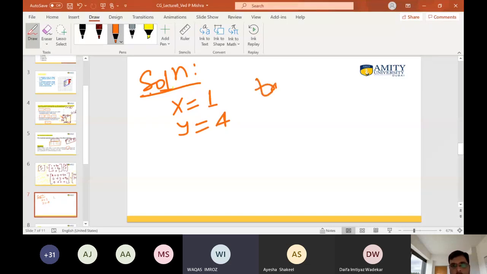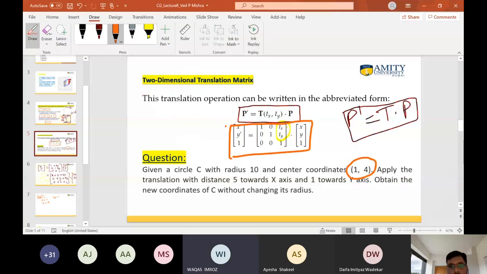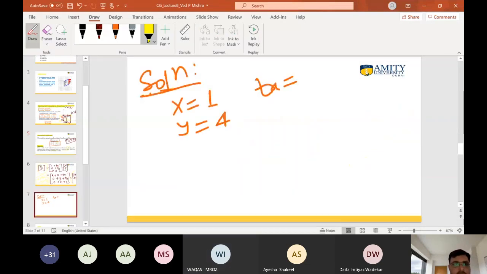What is tx? 5 towards x-axis and 1 towards y-axis. That's what is written. 5 towards x-axis and 1 towards y-axis. It means tx is 5 and ty is 1.